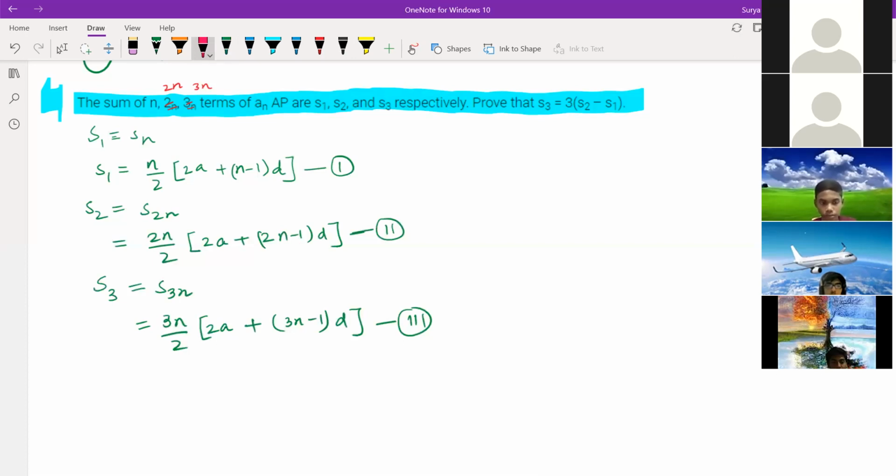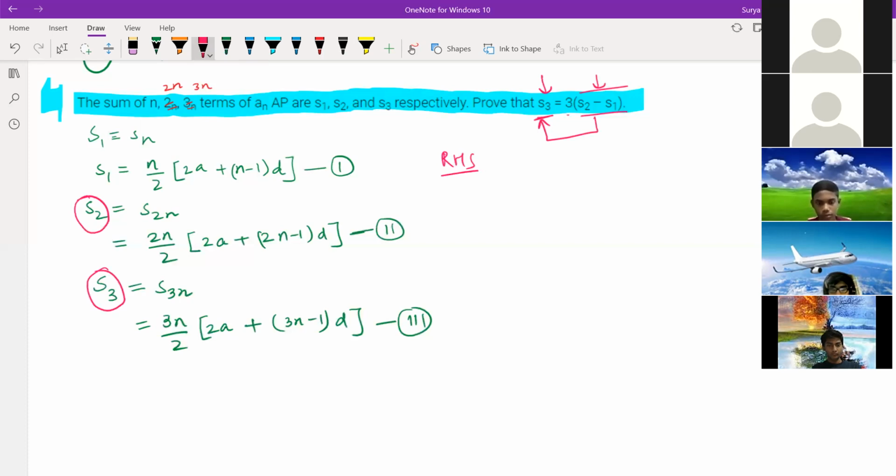Now we have to prove S3 is equal to 3 into S2 minus S1. Once you find S3, or you can do S2 minus S1 into 3, this should come equal to this. S2 is here, S3 is here. So we just take the RHS part.